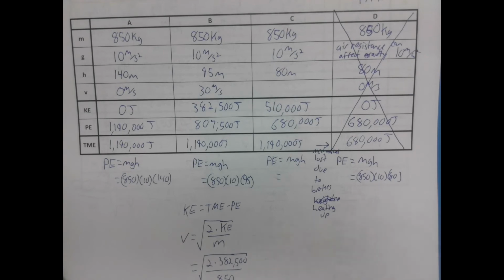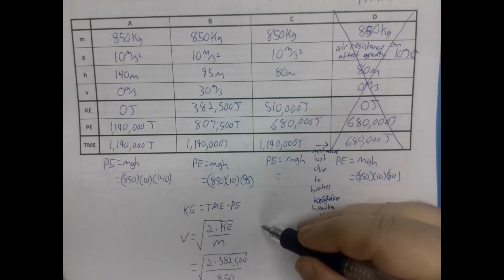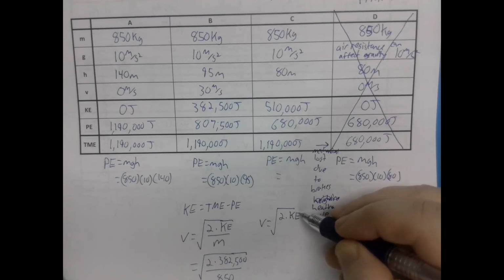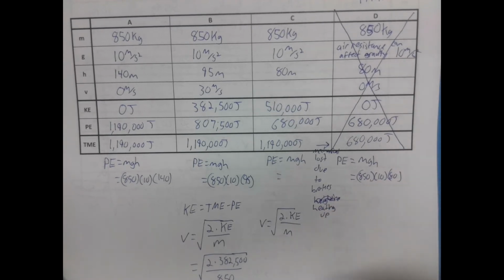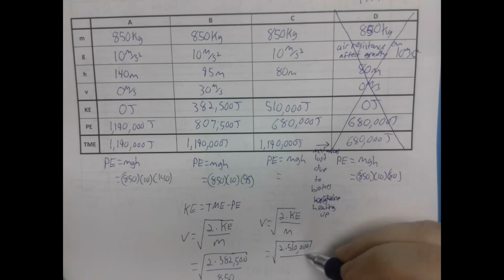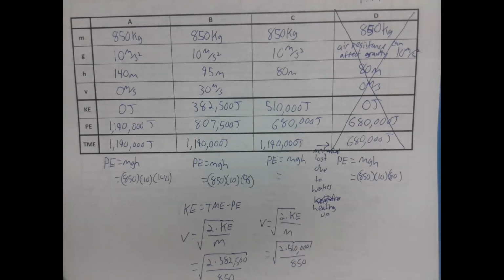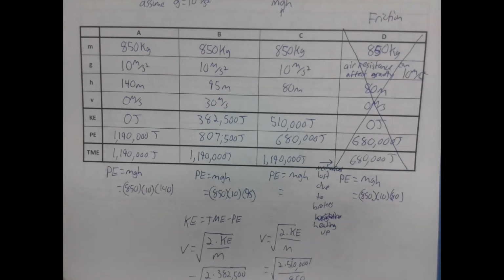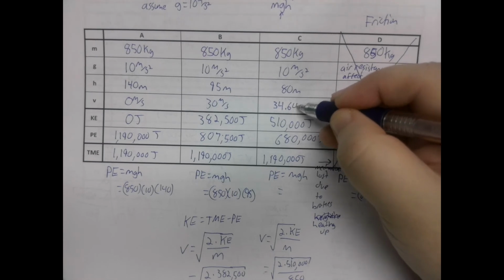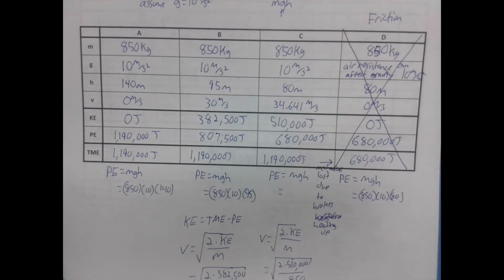Nice even number. We can do the same thing for the velocity here. So square root of 2 times 510,000 divided by 850. And we get a value of 34.641 meters per second.